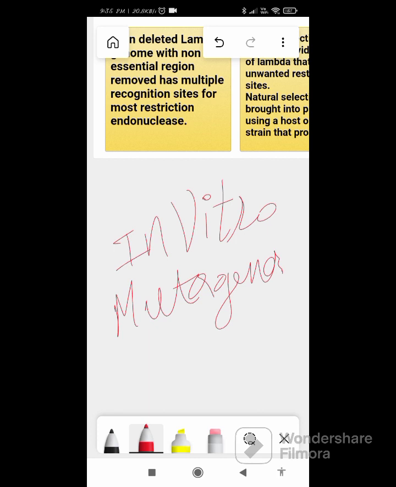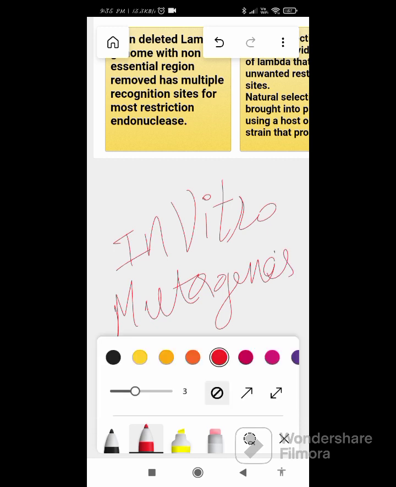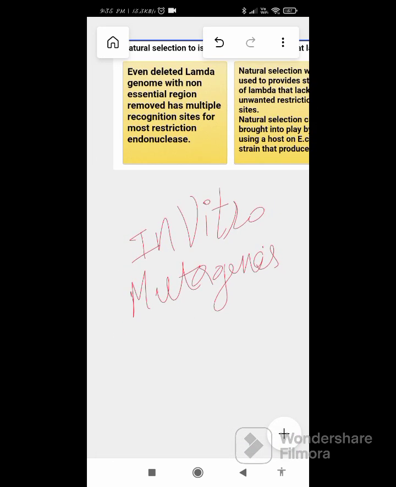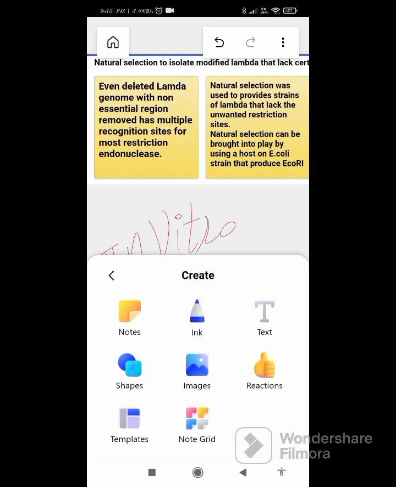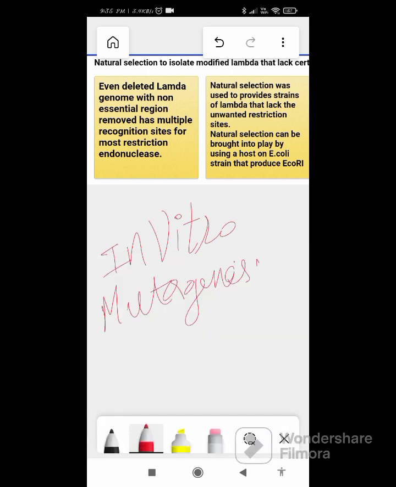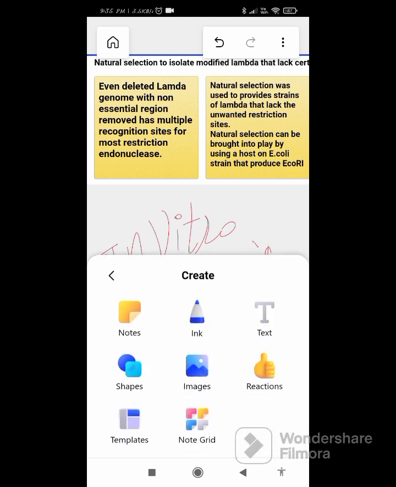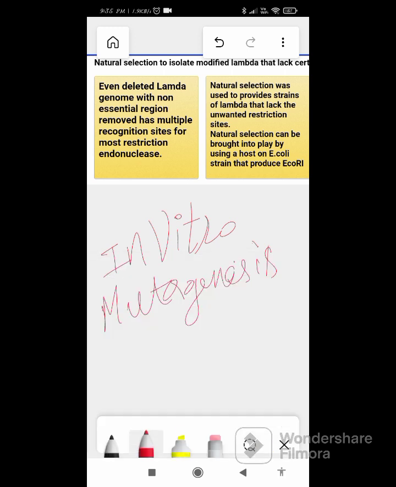However, in vitro mutagenesis was in its infancy when the first lambda vectors were under construction, and at that time it would not be much help for more than a few sites in a single molecule.